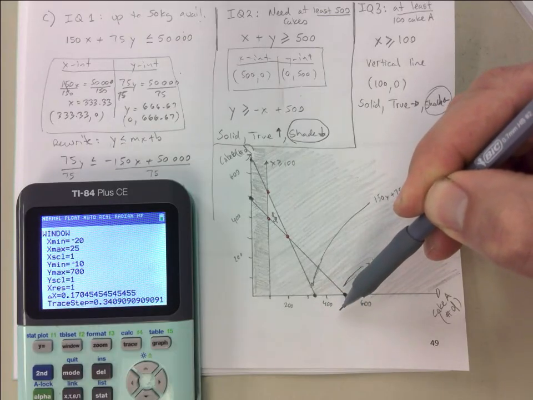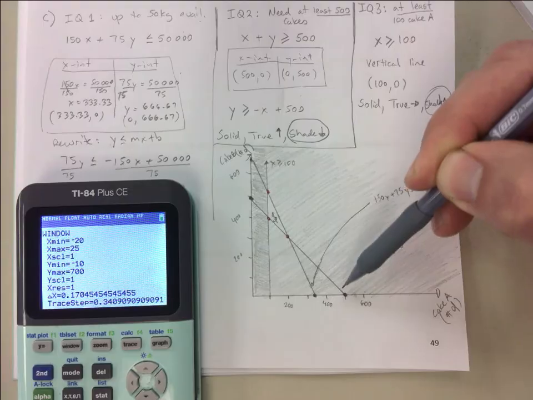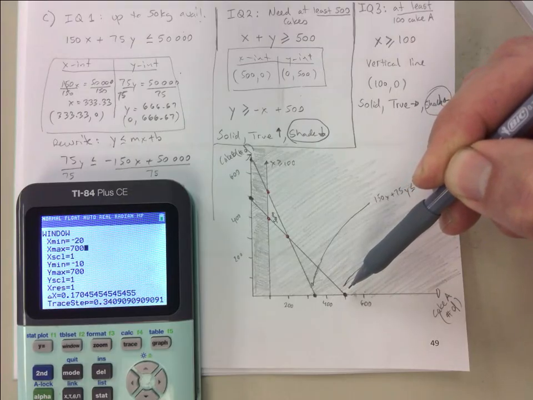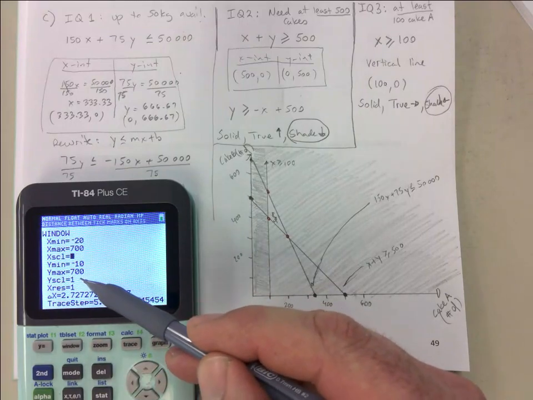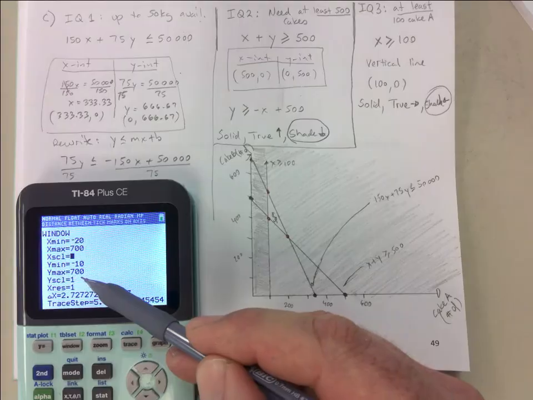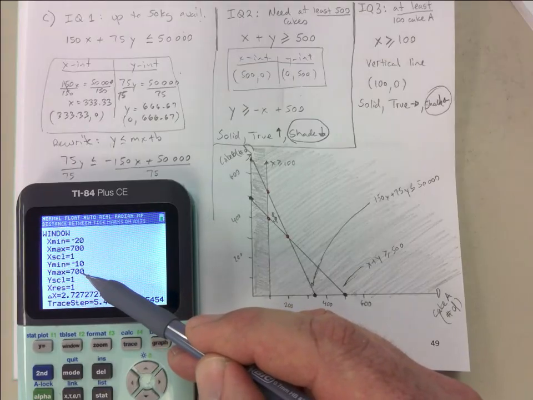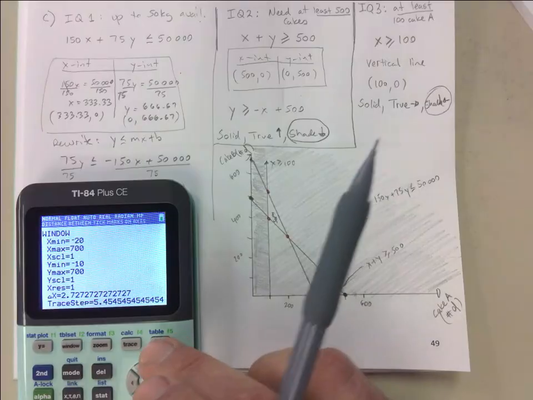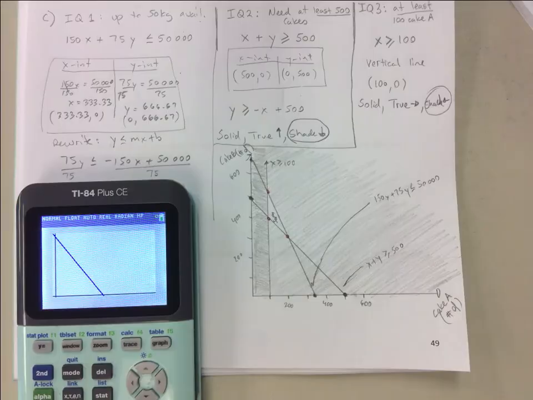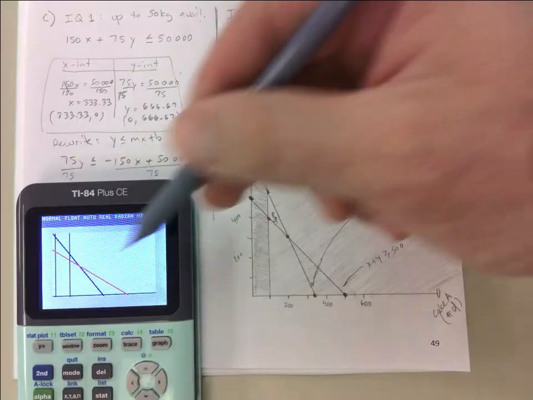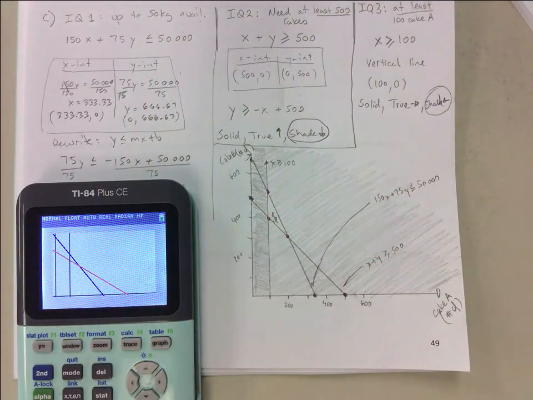You can use Zoom Fit. Maybe that'll work for you. Usually Zoom Fit isn't the greatest when it's a word problem. So I'm setting both X max and Y max to 700. Go to your window and do that, right? And then hit graph. My graph kind of looks like that. So we're good to go.